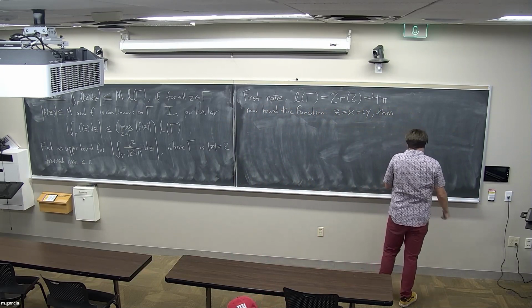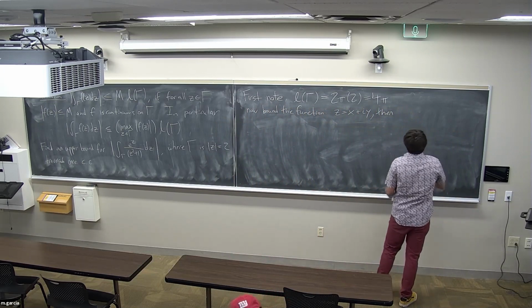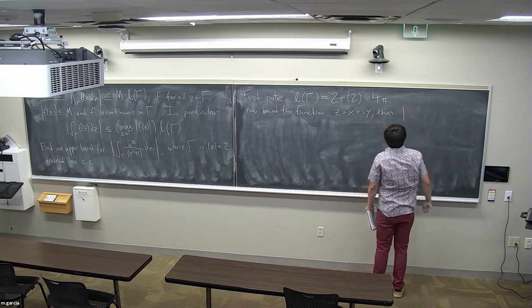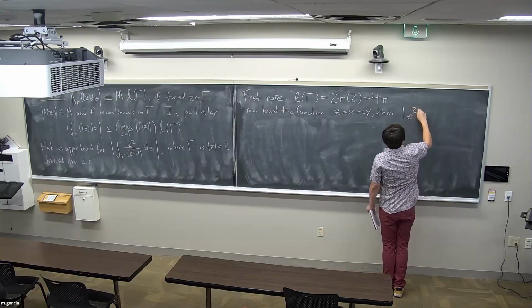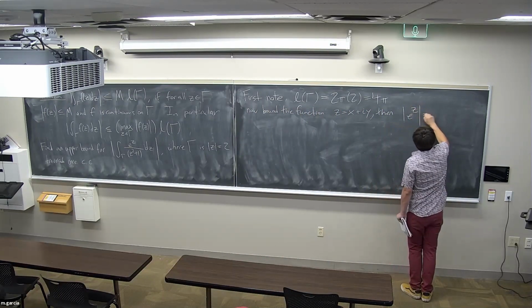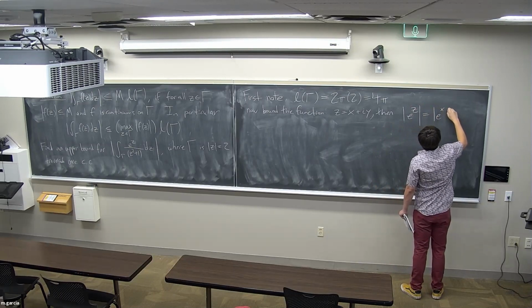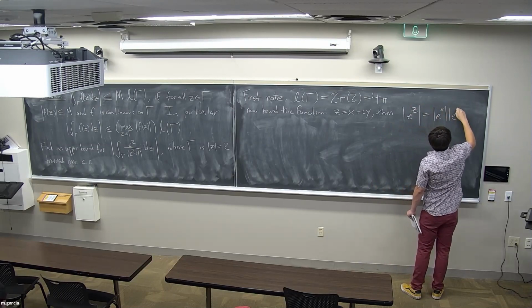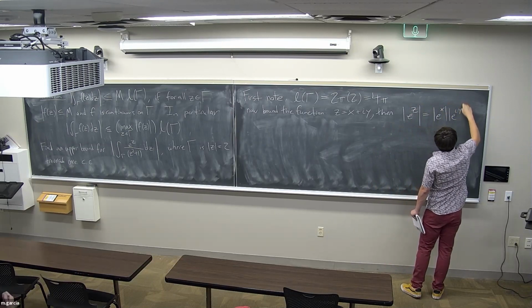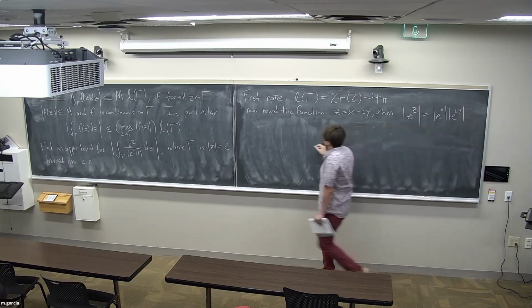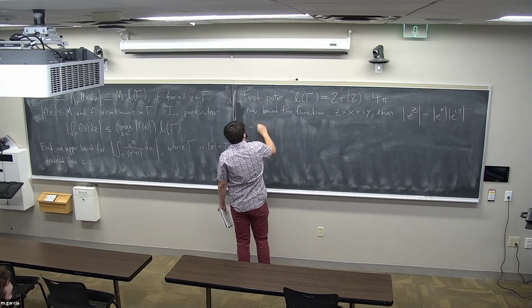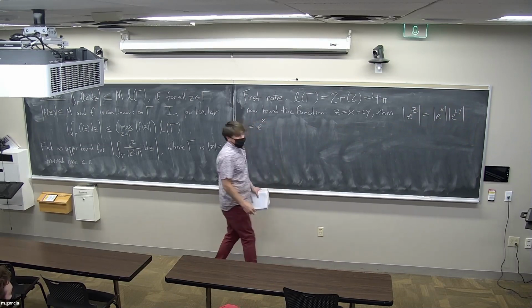Then what we could say about the modulus of e to the z, of course, is that this is just the modulus of e to the x times the modulus of e to the iy, which is just equal to e to the x, right? The absolute value of e to the x.